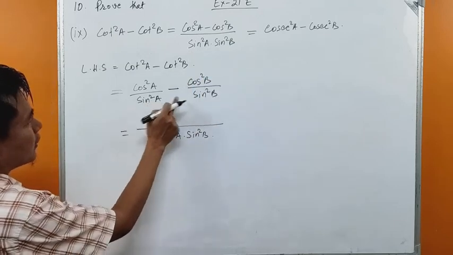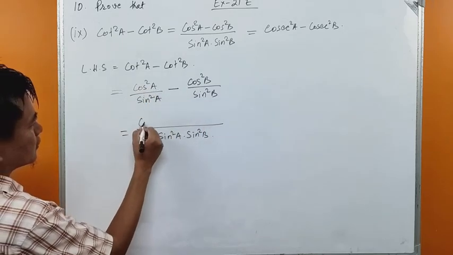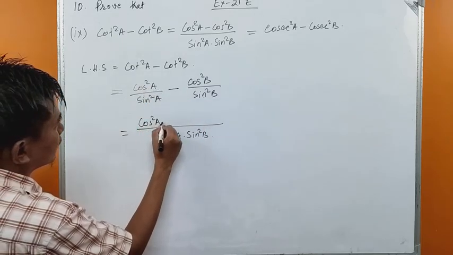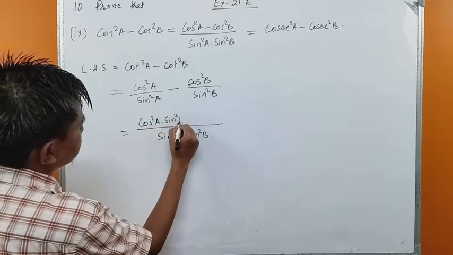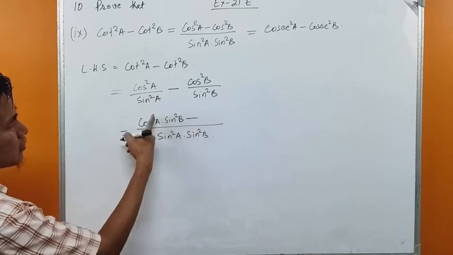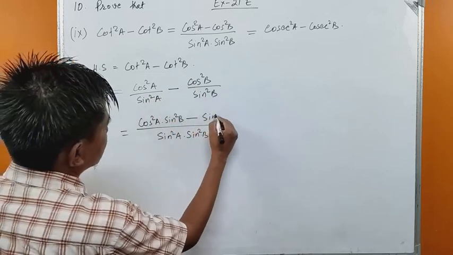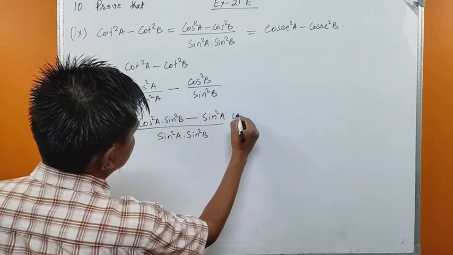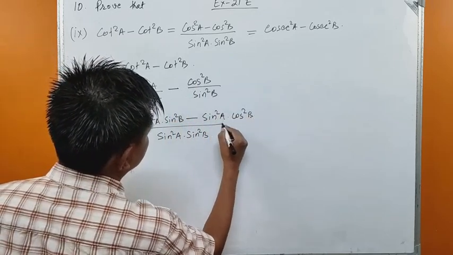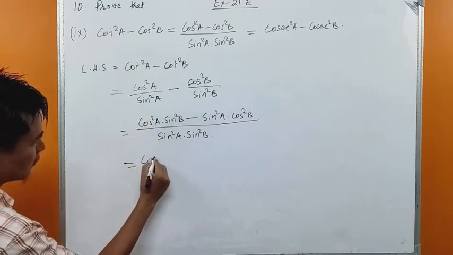Now sin square A into sin square B gives us this, so sin square B into cos square A, this means cos square A into sin square B, minus, so sin square B into sin square A gives us this, so sin square A into cos square B.